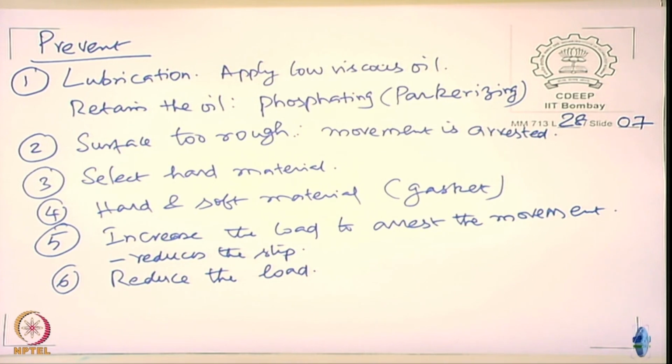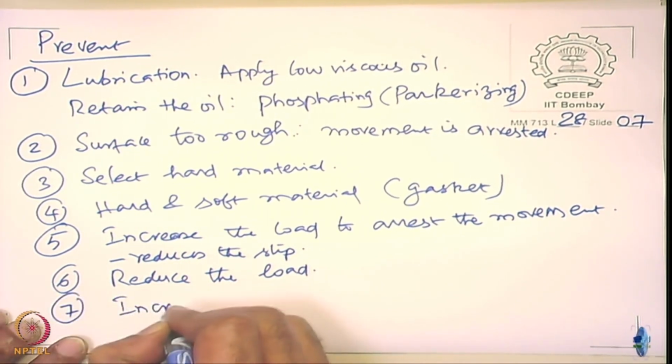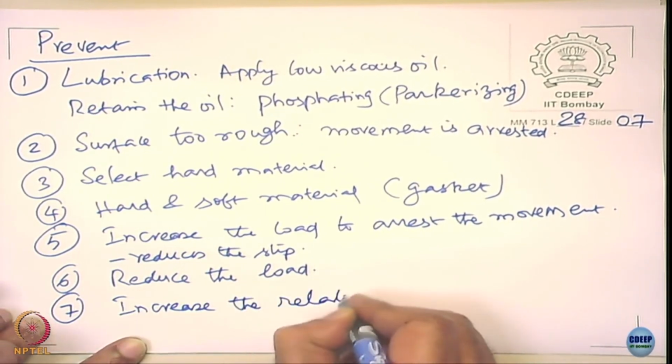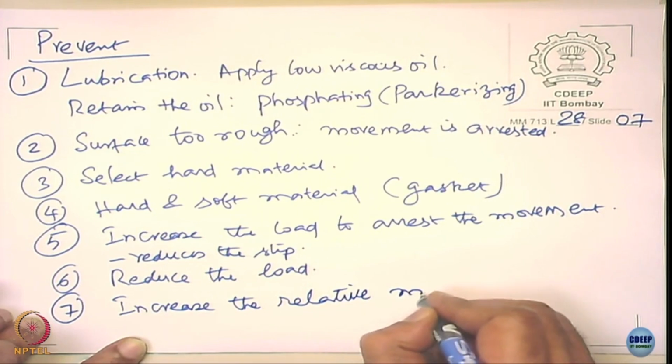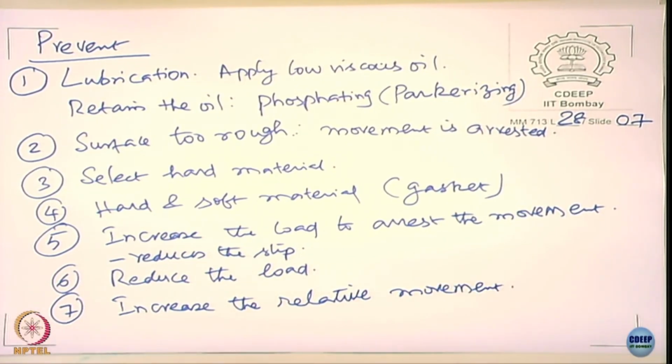So, you can also reduce the load so that, okay, you have vibration, fine, but when the load is reduced, the damage becomes less. You can do that, right. If at all it is not possible to arrest the movement, increase the relative movement, right. So, you can also reduce fatigue damage.